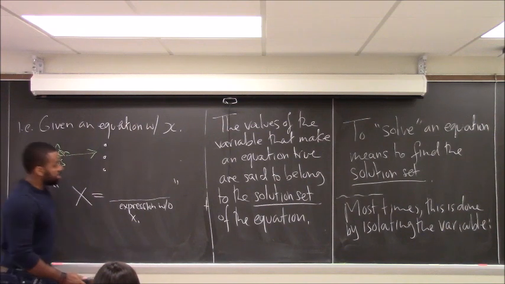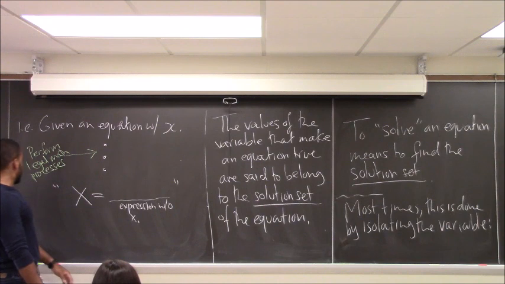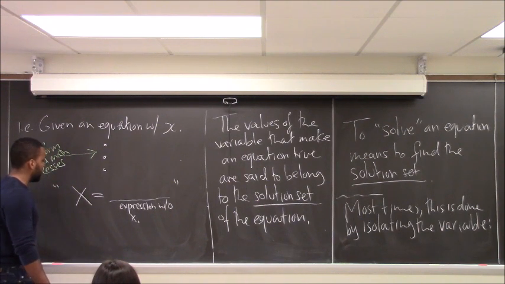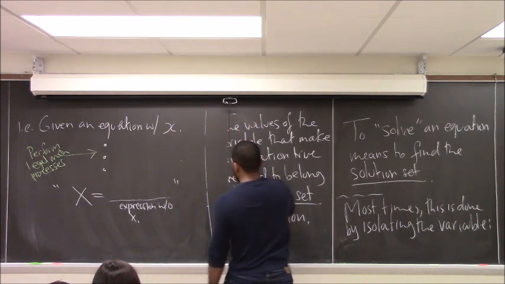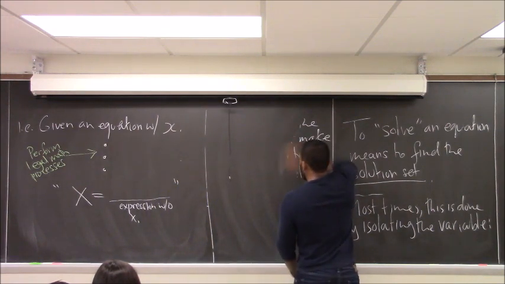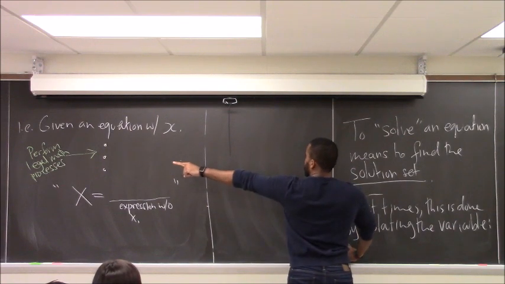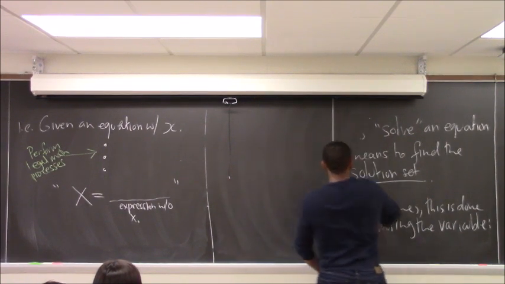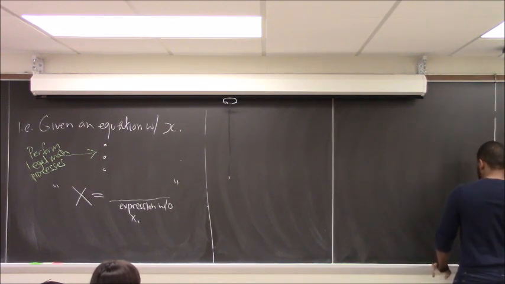And that's it in terms of the overarching ideas here, but we are going to get specific. I'm going to talk about various kinds of equations. But probably before that, maybe I should tell you what the legal math processes are.